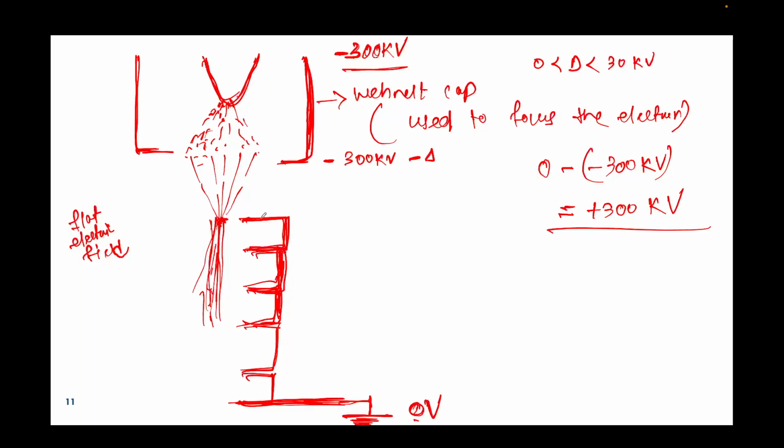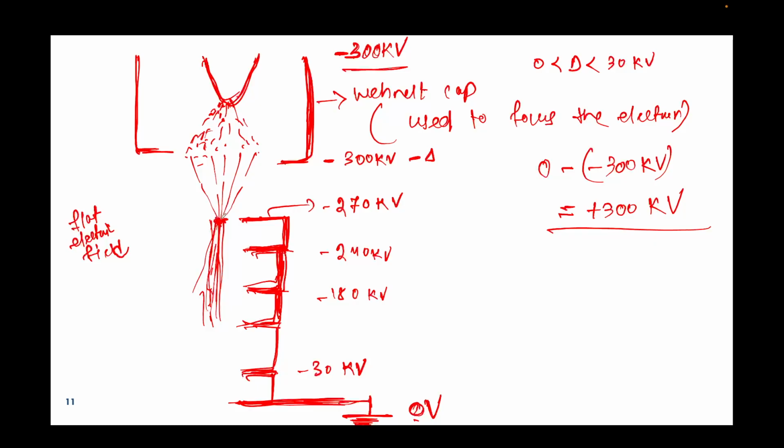Then in this position I will give the voltage as minus 270 kV. At this point my voltage will be minus 240 kV. At this point my voltage will be minus 180 kV. Similarly, when I come to this point, my voltage will be minus 30 kV.